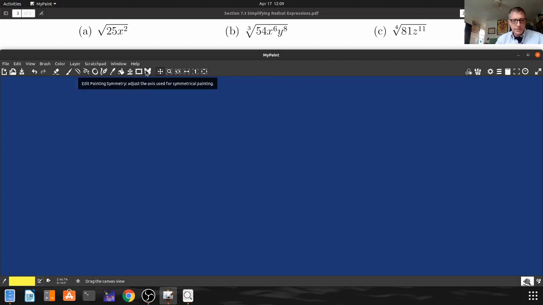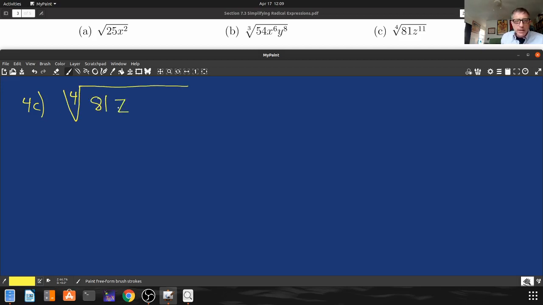So let's do C. This is example 4C. I have the 4th root of 81 z to the 11th. So we have to factor 81.